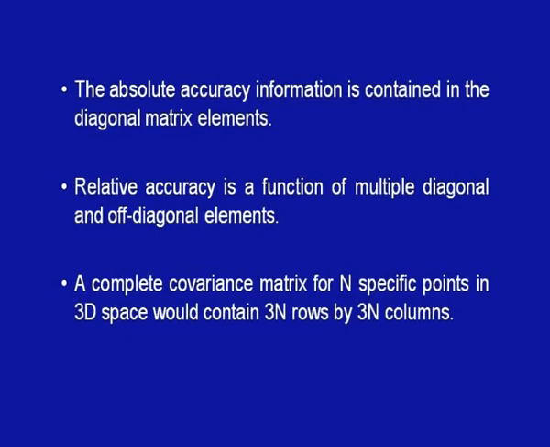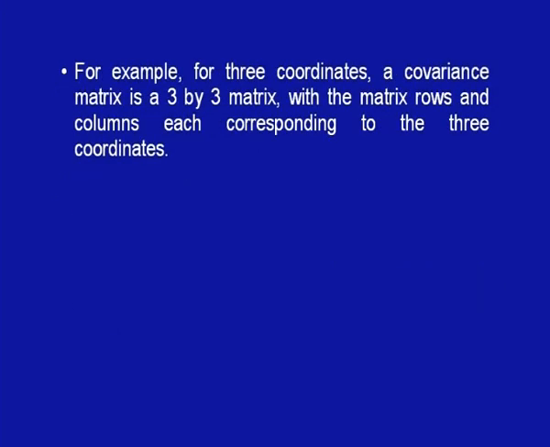A complete covariance matrix of n specific points in 3D space would contain 3n rows by 3n columns. For example, for a 3 coordinate, a covariance matrix is a 3 by 3 matrix with the matrix rows and the columns each corresponding to the 3 coordinates.